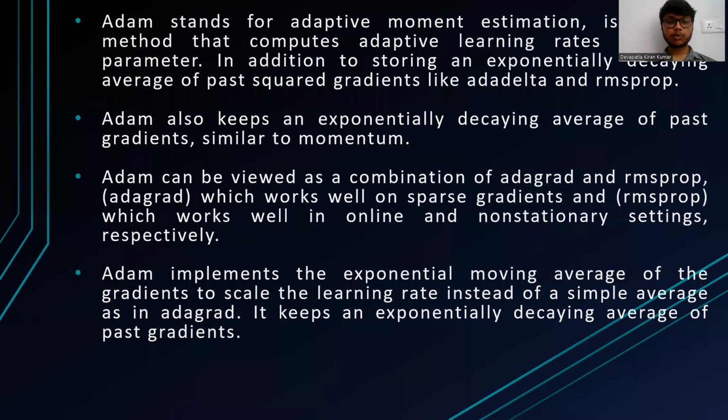Adam implements the exponential moving average of the gradients to scale the learning rate, instead of a simple average as in the AdaGrad algorithm. The Adam optimization algorithm keeps an exponentially decaying average of past gradients.